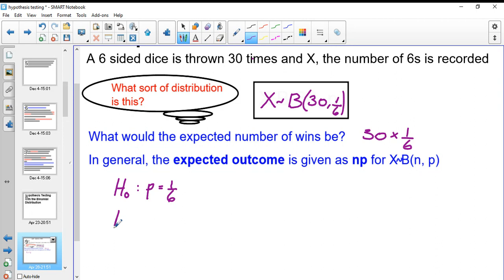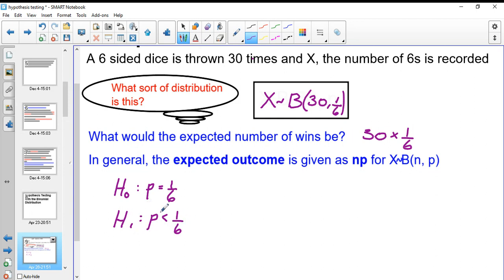Then the alternative hypothesis would be that p is less than 1/6. Because what they're saying is, well, I don't think it's fair. I don't think it's a fair one. And because I didn't get any 6s, I think the probability of getting a 6 must be less than that. And that would be our alternative.